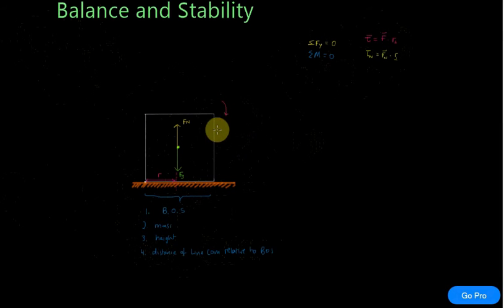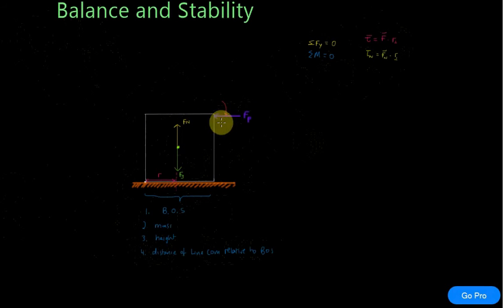Okay, so if that all makes sense, then I will introduce another external force. Let me just try and get a slightly different color here. Let's say, for example, I apply a force at the top over here. So this is the force of me pushing, right?